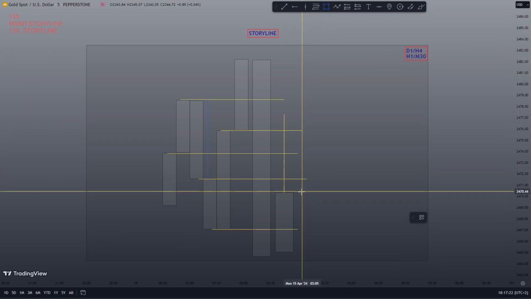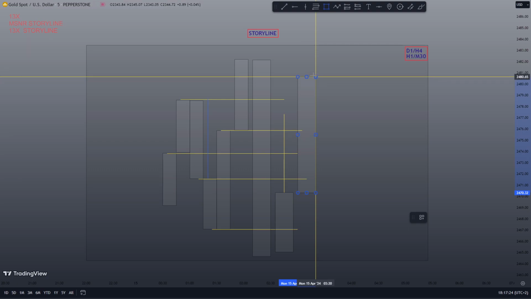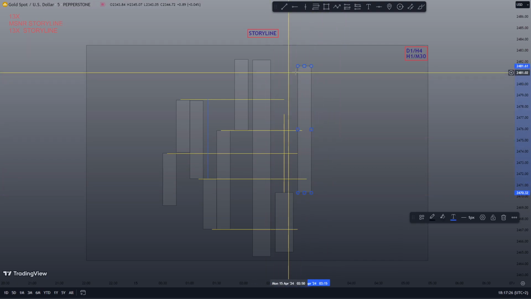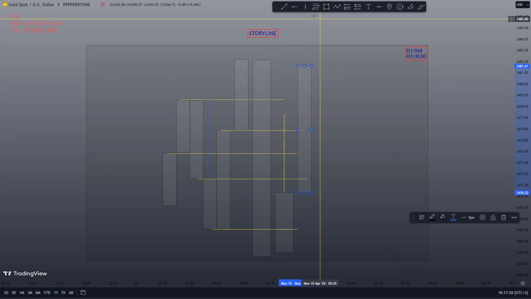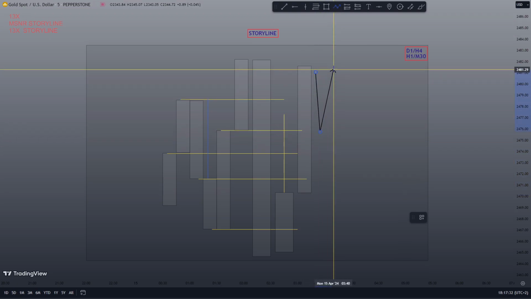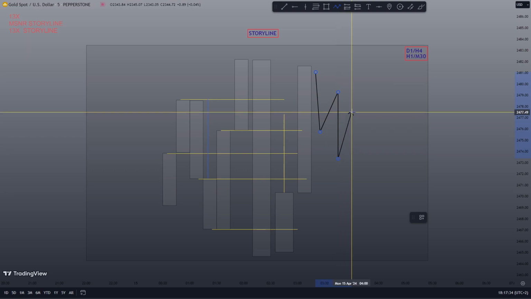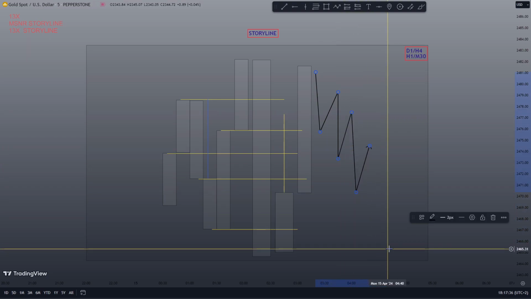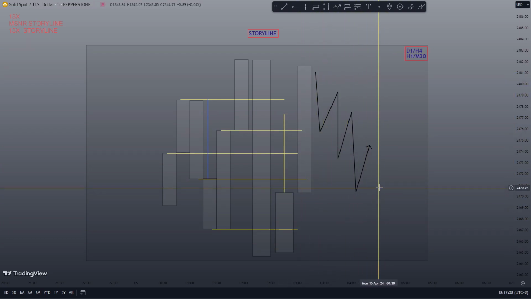If price breaks them again, they all become fresh again, and price may react from one of those levels. That's the concept I want you to know about the daily time frame using the fresh and unfresh concept.